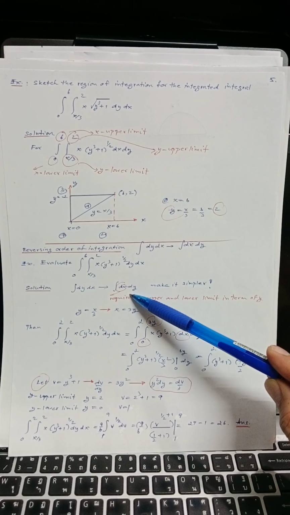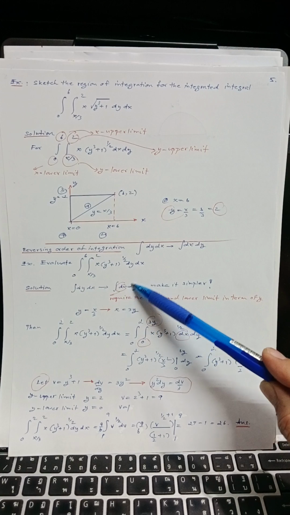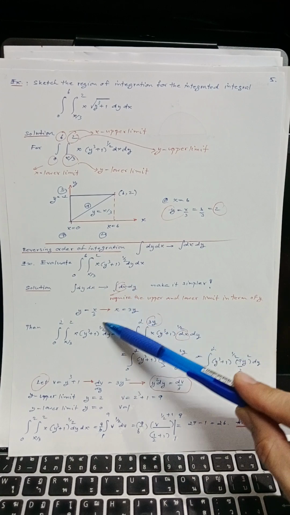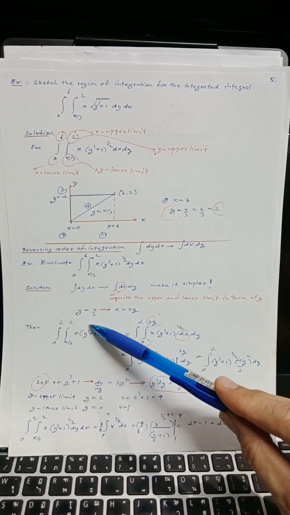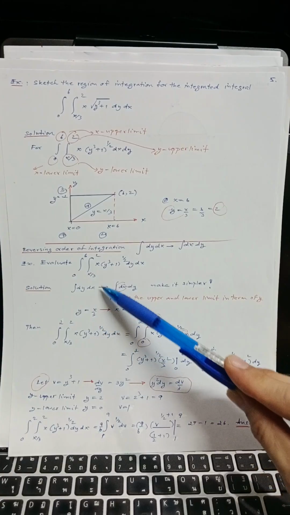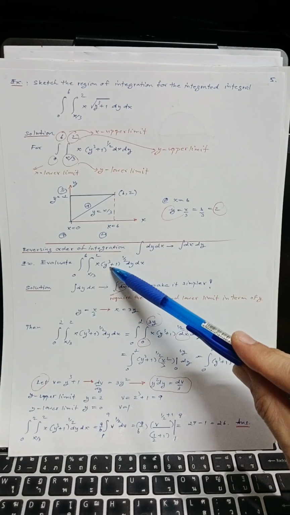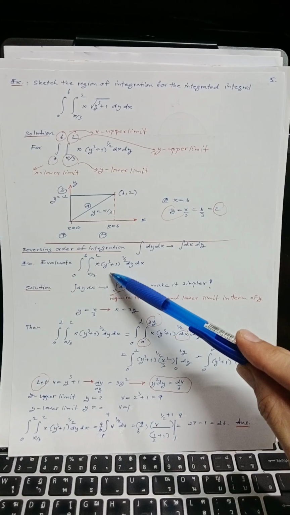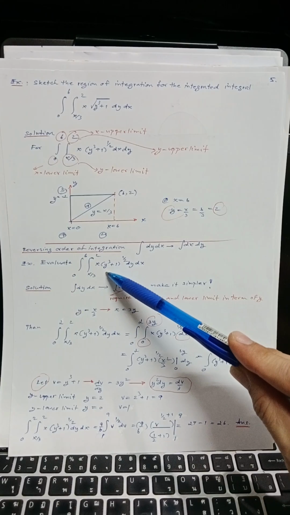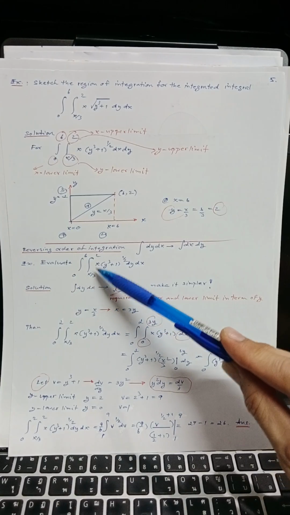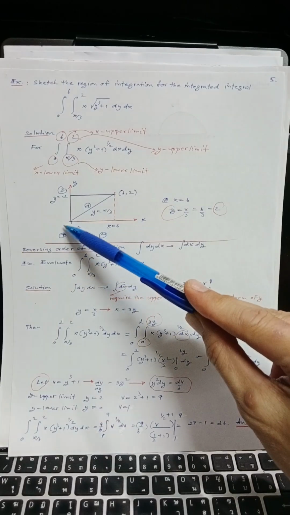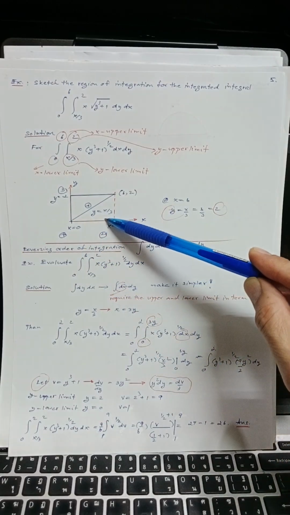And because x is in terms of y, as the terms are given, you know that you have the line y equals x over 3.